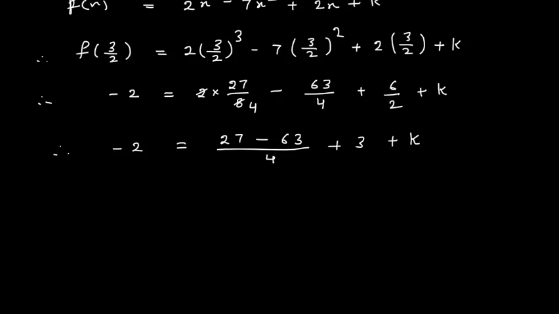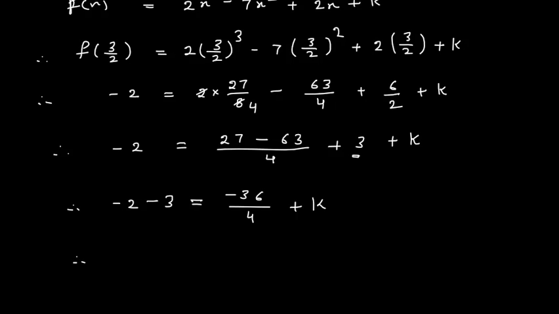Okay, so therefore this is minus 2. I will bring this minus 3 on the left, it will become minus 3. I will bring this also on the left. So first of all, if you calculate, here it is 13 minus 7, so this is 6, and this is 5, 5 minus 2, 3. So it is minus 36 divided by 4 plus k.